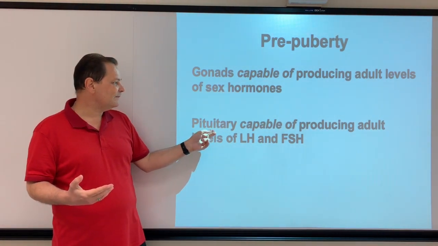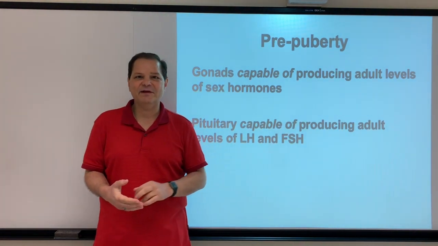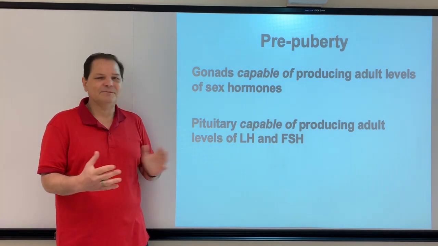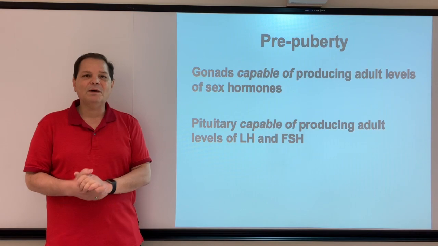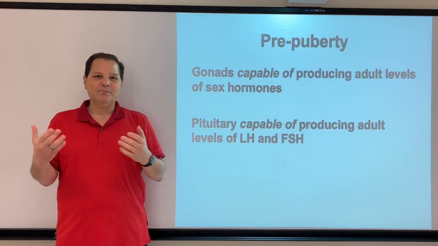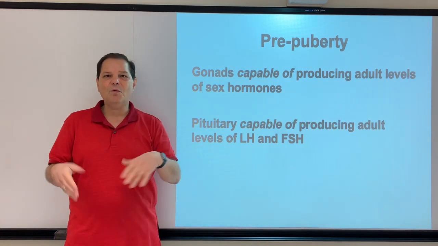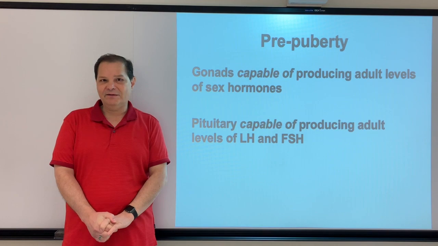And similarly, the pituitary is capable of producing adult levels of LH and FSH. So it isn't that as a child, the pituitary isn't mature enough to be able to do this. You can do it. Okay, so whatever it is that's going on, it's most likely thought to be upstream of these 2 points in the HPG axis.